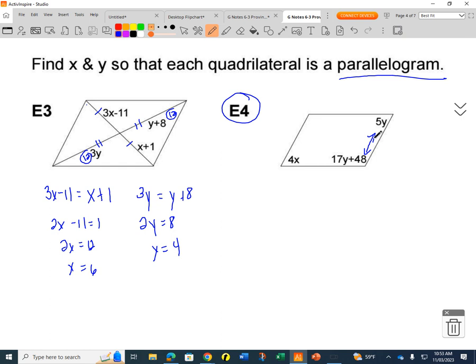Consecutive angles are what? Look for the word consecutive in your list of properties from yesterday's notes.